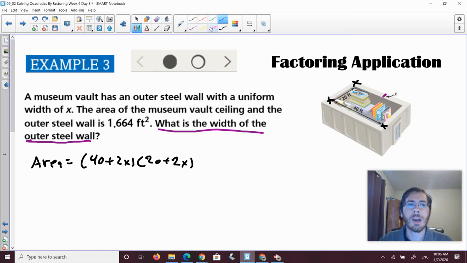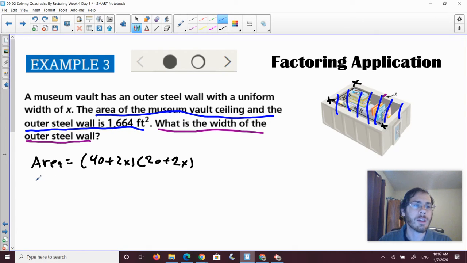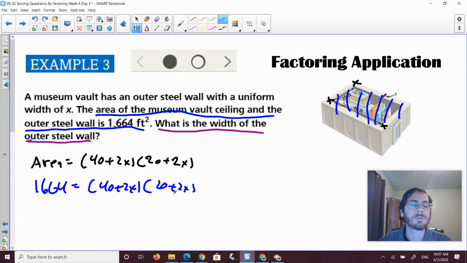Now, if we look in the problem, they give us the total area. They tell us that the area of the vault ceiling and the steel wall is 1664 feet squared. So it would be the entire area. So that means I actually know 1664 equals 40 plus 2x, 20 plus 2x. Well, we want to solve it.